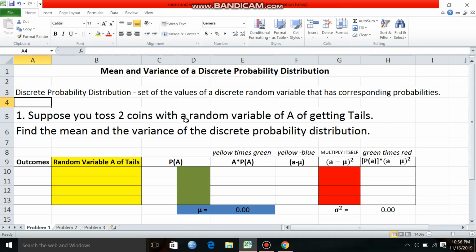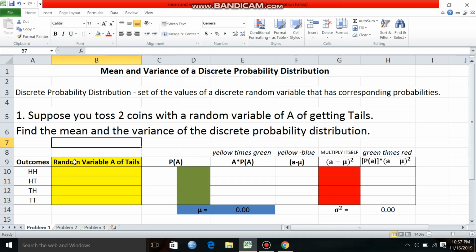Now, say for instance, we flip two coins, and the random variable A is the number of tails. In the previous video, we already knew that if we flip two coins, the outcomes will be HH, one head and one tail, one tail and one head, and two tails.